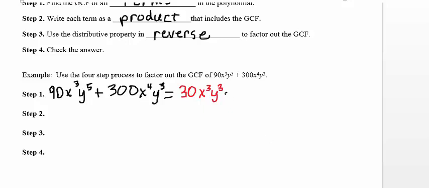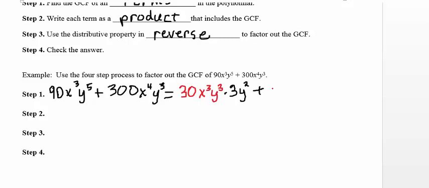In the first position, 30 needs to be multiplied by 3 for me to get 90. X cubed is already present in the GCF, and y cubed needs to be multiplied by y squared for me to get y to the fifth.